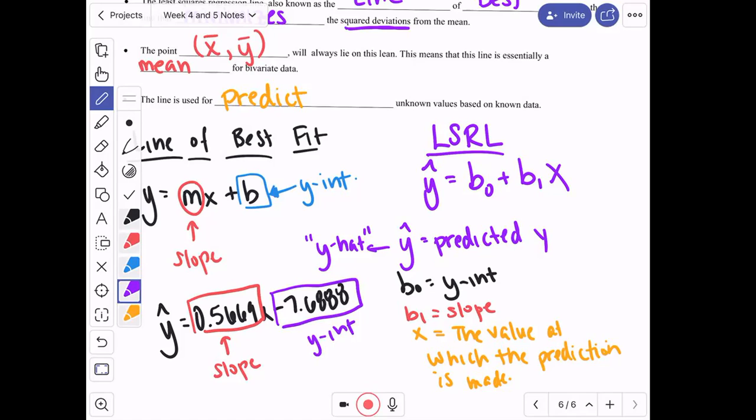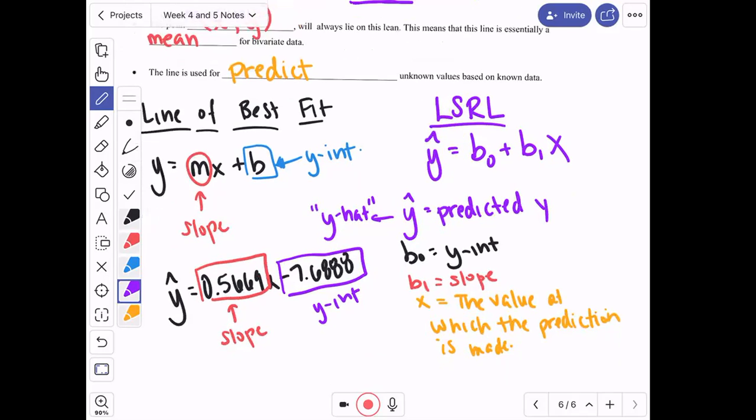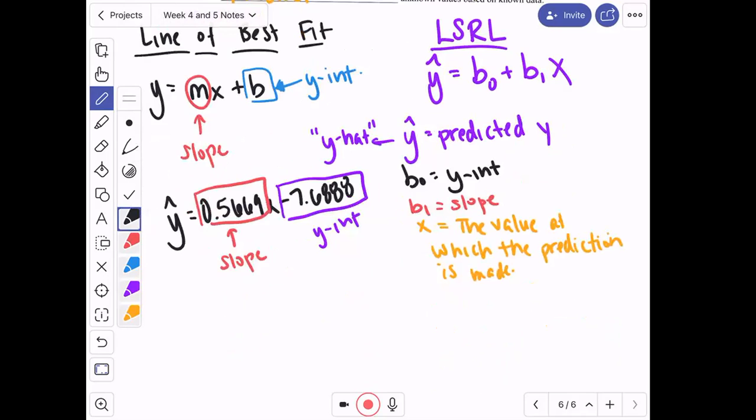I can use this equation now to predict a person's raw score based off their percent of attendance. That's what I want to do here. And in general, when we write these equations, we should actually change these variables to what they are. In this case, this y hat right here is actually the predicted raw score.